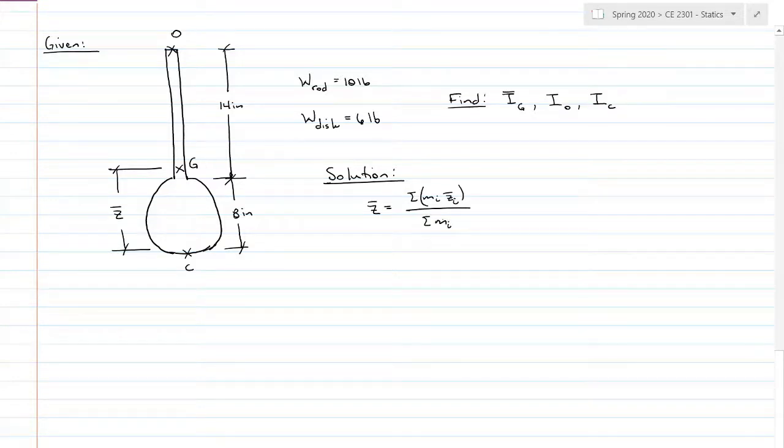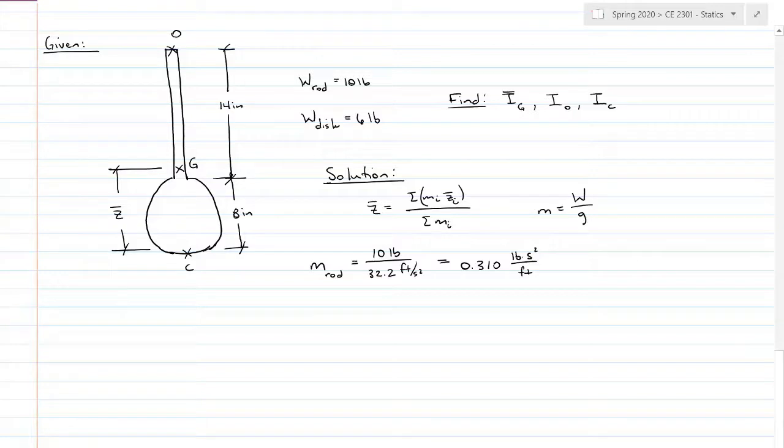Okay, but I have weight, I don't have mass. Oh no, that's okay. Mass is equal to weight divided by gravity. So the mass of my rod is going to be 10 pounds divided by 32.2 feet per second squared, and that is going to give us 0.310 pounds second squared per foot, or a slug.